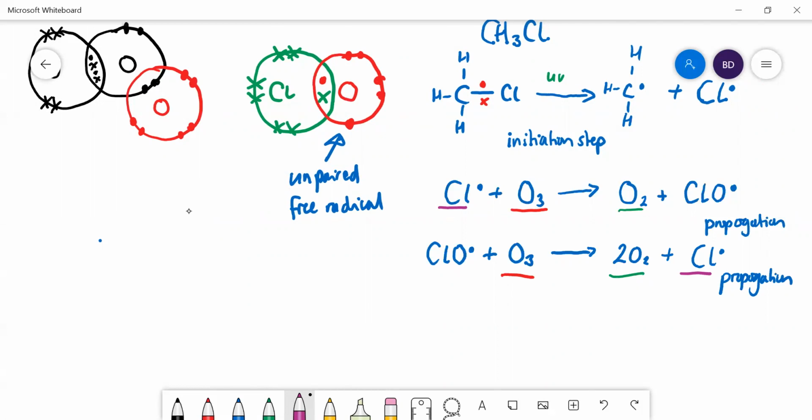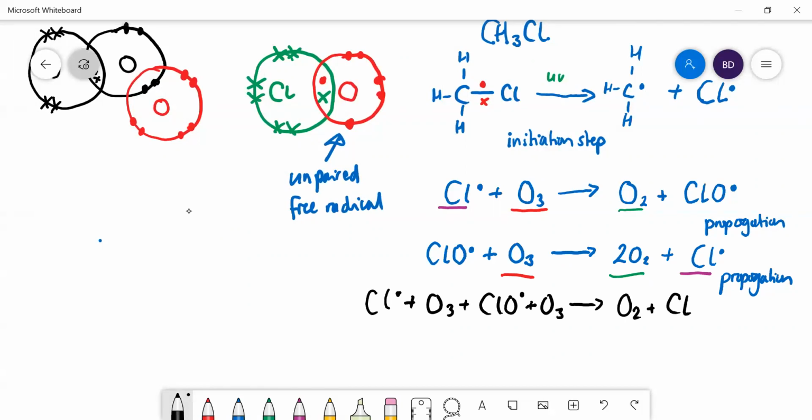If you wanted to combine those two equations together, we could write Cl dot plus O3 plus ClO dot plus O3 as the reactants on this side, and all the products on the right hand side, so that's O2 and ClO dot and 2O2 and Cl dot.